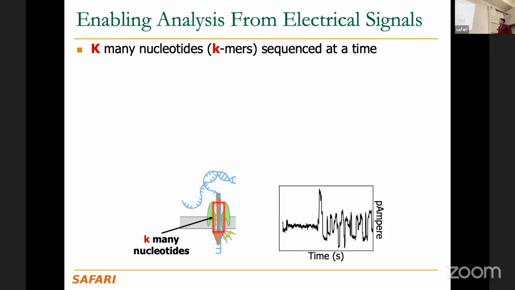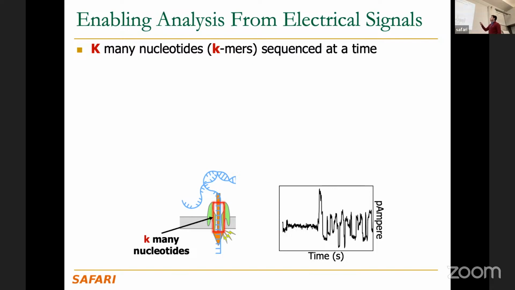In nanopore sequencing, as we explained earlier, we have this membrane, and in the middle we have this nanopore. Depending on the chemistry and the nanopore model that you're using, there is a certain number of nucleotides, or bases, inside the pore at a time. This number is around 6 to 9.